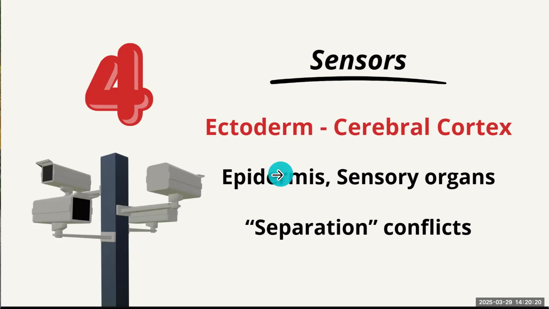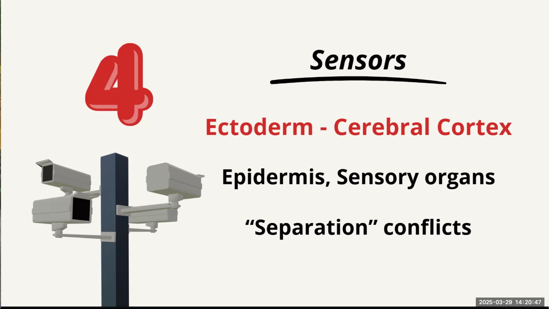Now, under this are organs that are related to the topmost layer of the skin, the epidermis, and all our sensory organs, primarily heavily on the eyes and ears. Now, because it is responsible for our relationship to the external world, in general, the umbrella or the themes of conflicts related to this layer are all about separation.